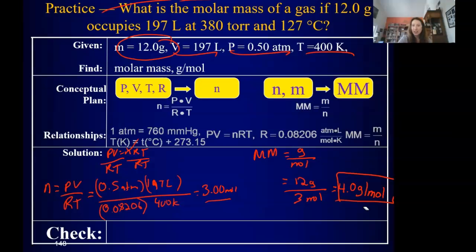You look on the periodic table for the one that has a molar mass of 4. This is helium. The answer choices were A, hydrogen, B, CO2, C, argon, D, helium. So all of that work for one multiple choice question. Hence why I put it in the lectures, because people kept getting it wrong.